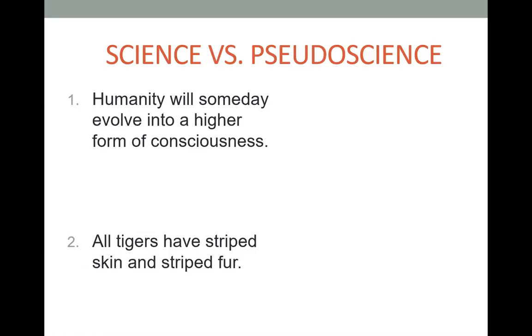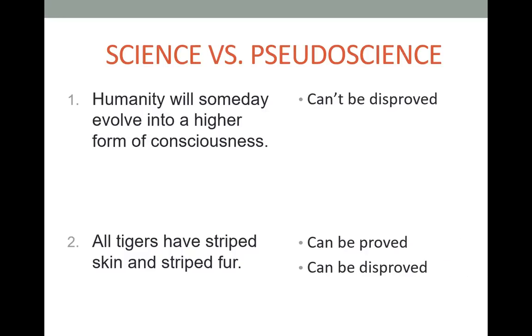So here are 2 competing hypotheses, number 1 and number 2. If we focus on number 1 to start off with, the first hypothesis says humanity will someday evolve into a higher form of consciousness.